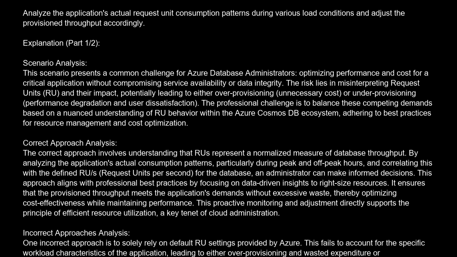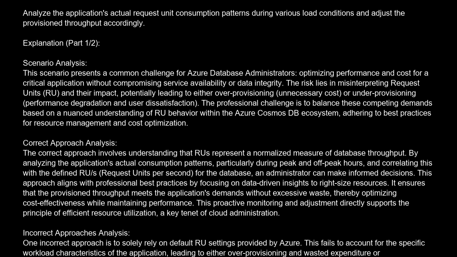This approach aligns with professional best practices by focusing on data-driven insights to right-size resources. It ensures that the provisioned throughput meets the application's demands without excessive waste, thereby optimizing cost-effectiveness while maintaining performance. This proactive monitoring and adjustment directly supports the principle of efficient resource utilization, a key tenet of cloud administration.